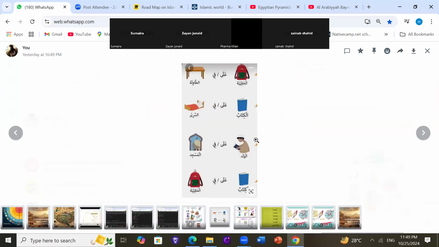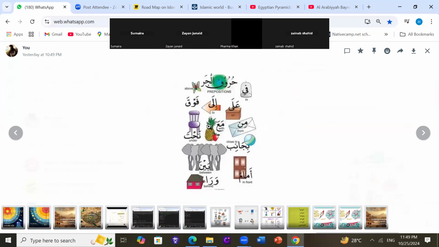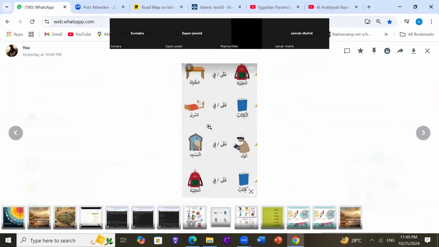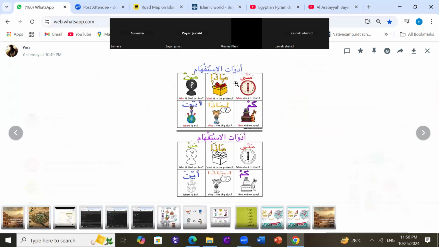Next picture is this. You guys have to do this exercise with the help of this picture. Here, you have to sort out and share it in group after editing. You have to see that which harf will come when we make a sentence using these two vocabularies. Okay, try to do this.